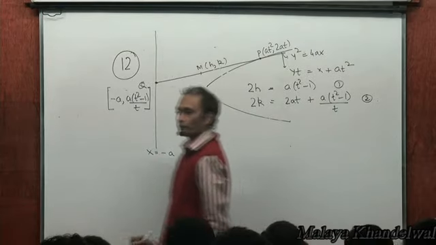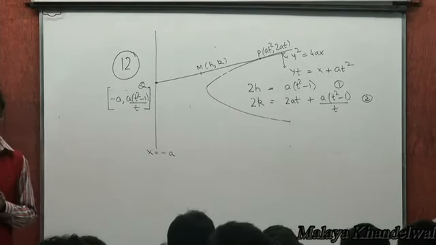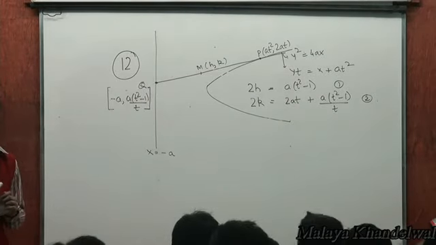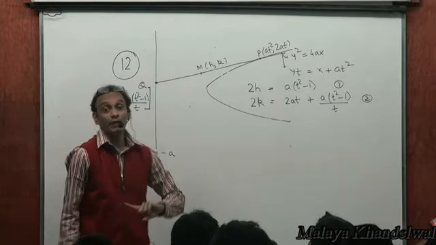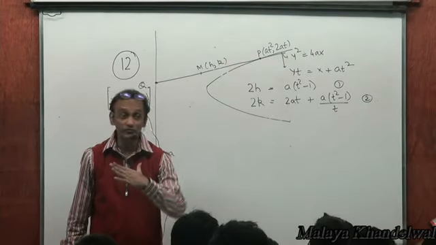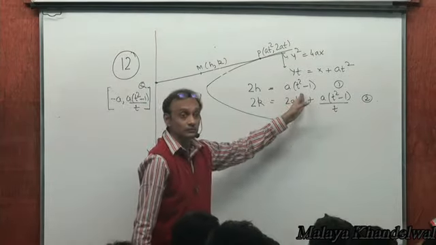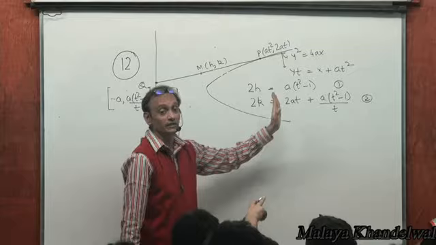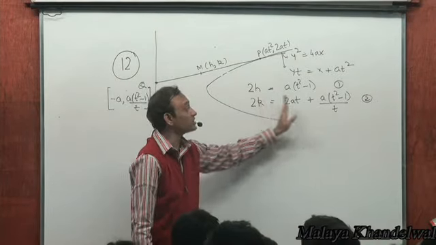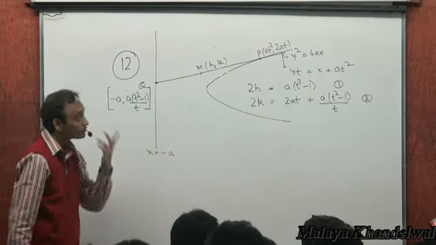Yes or no? Yes. What's the parameter here? T. Tangents at different points, right? So different t's. We want to eliminate t here and connect h and k. That's what we want to be able to do.